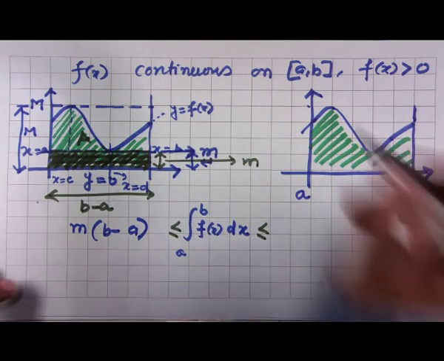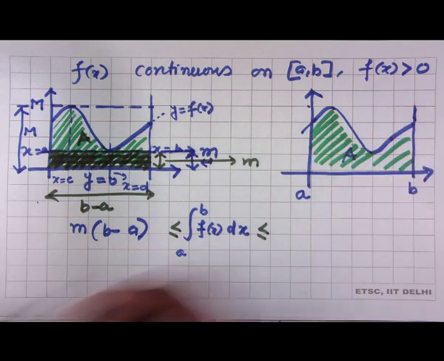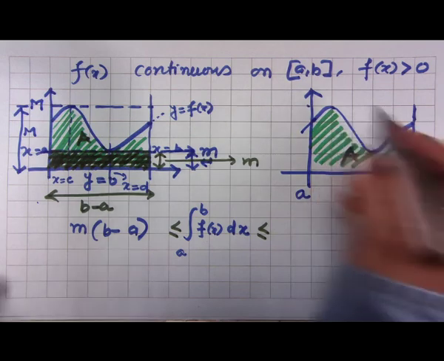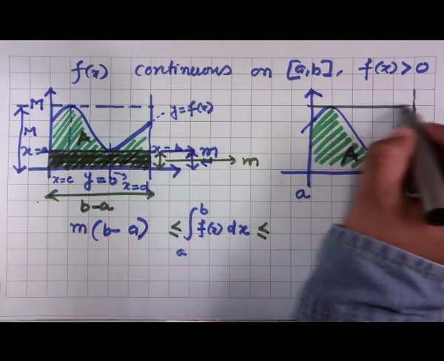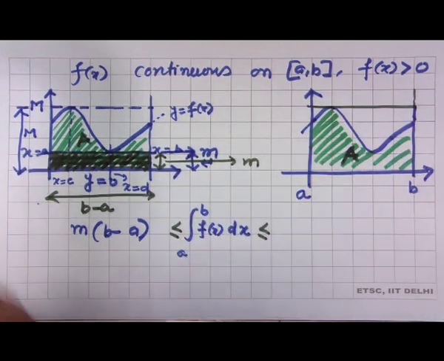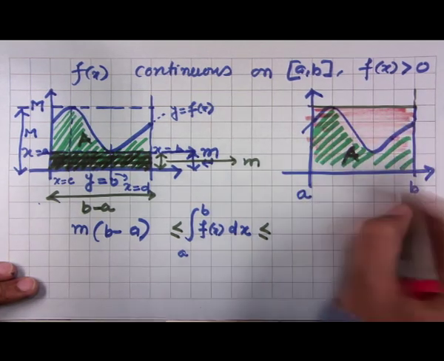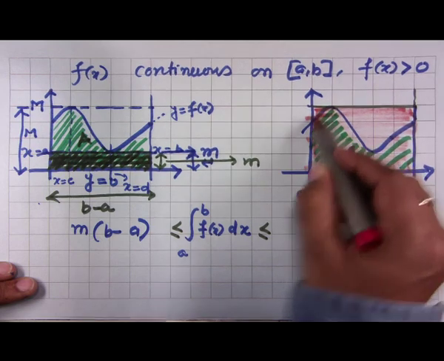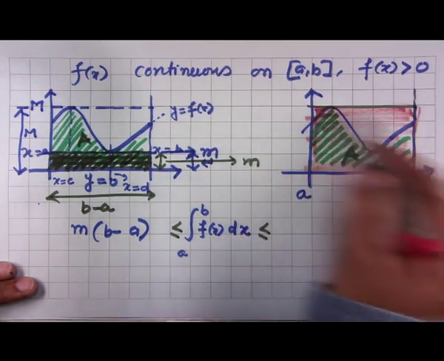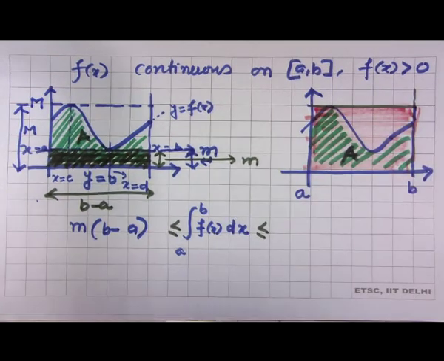You can see from the figure that the actual area A will always be less than the area of the rectangle shaded by red color.